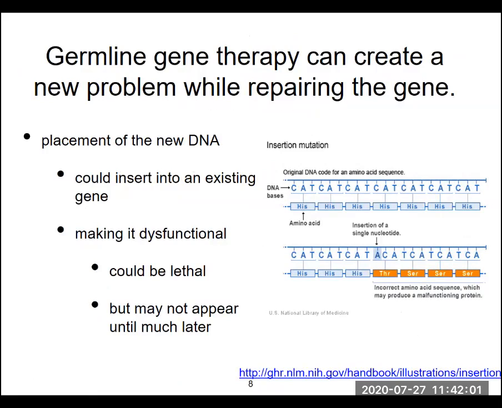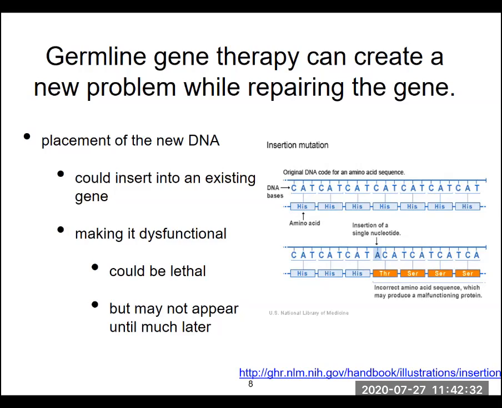Now, the problem with this is, because we don't know exactly how we're going to insert that DNA, and again, this is prior to CRISPR, that method of really directed gene placement, we run the risk that as we correct one gene, we could end up causing something else to have a problem. We could insert our new gene into or nearby another existing gene that's important, and in doing so, disrupt its function.